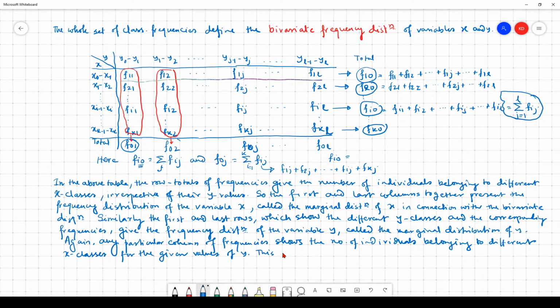This is called the conditional distribution or array distribution of x for given y.